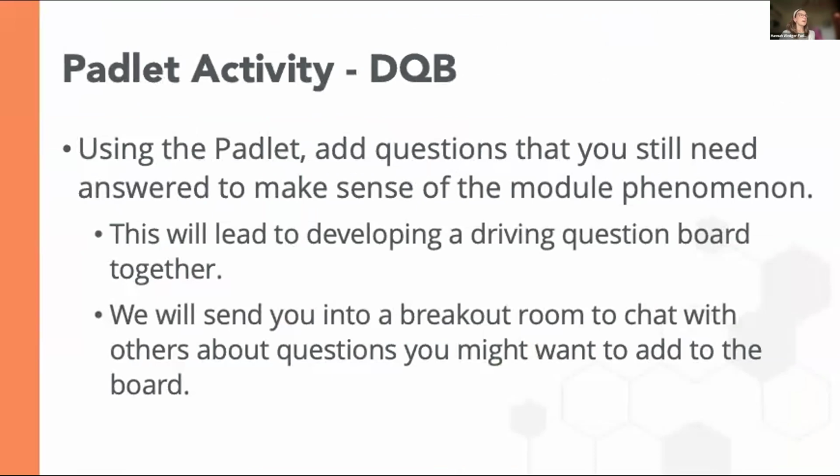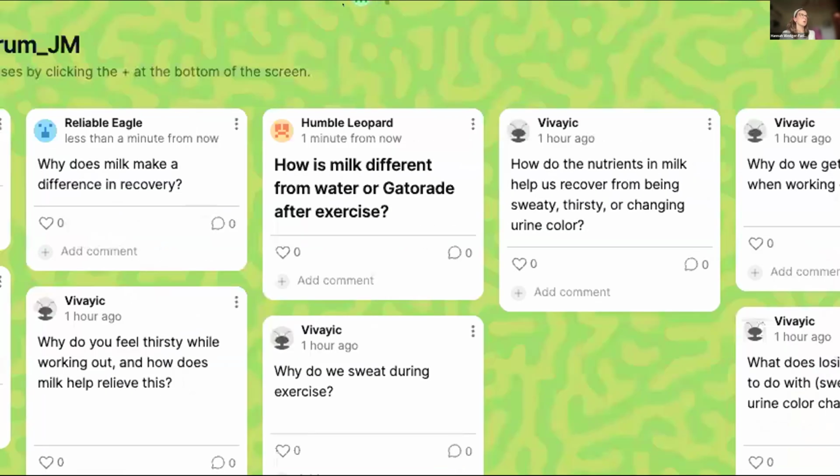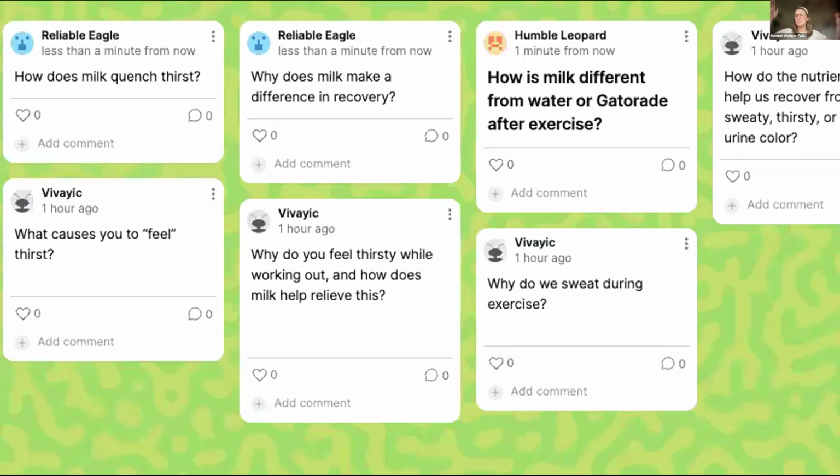Okay. So if we were in the classroom, we would hope that our students are coming up with these questions, right? We're creating a driving question board, putting all the questions up there. And then at this point, we might start grouping some of these questions together. If you look up here, there are some that are somewhat similar. Like thirst: what causes you to feel thirsty? How does milk quench your thirst?